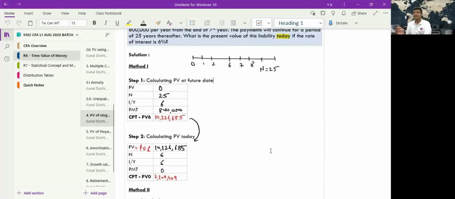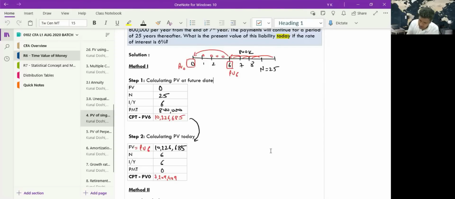So from the 7th year, your cash flow was 800,000. 7, 8, 9, 10, and so on. So when I got the present value of all these, it gives me a year back. So this is where I got my present value at year 6 of all the future cash flows. And then I put this PV as FV, and then I got my PV at 0, because all these cash flows in between were 0.